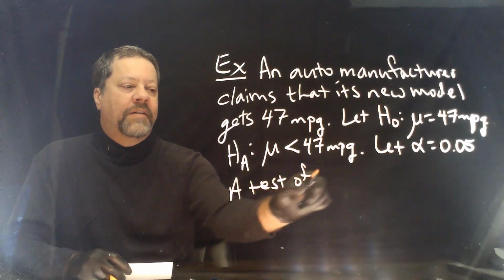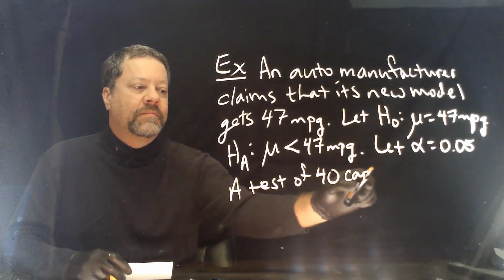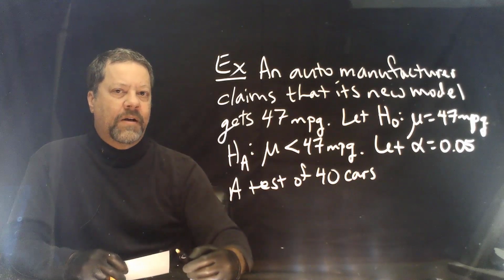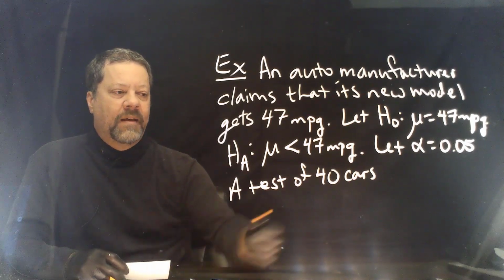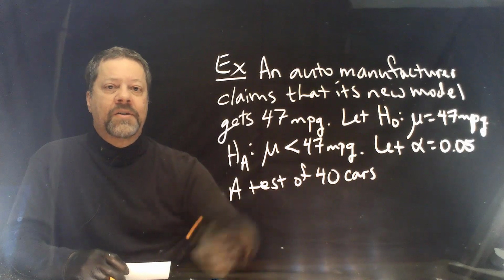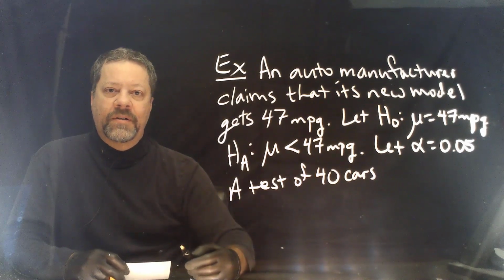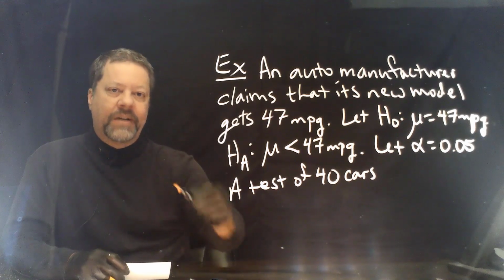A test of 40 cars. So we've tested 40 cars. The sample size is 40. And this is a large sample as far as we are concerned. It justifies the use of the normal distribution. It's greater than 30.